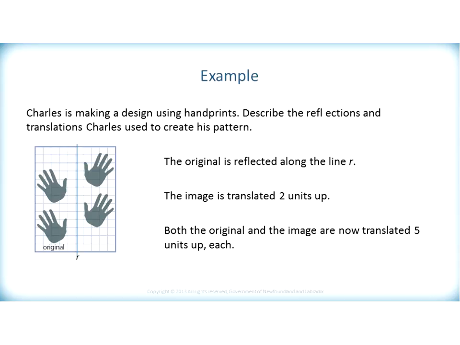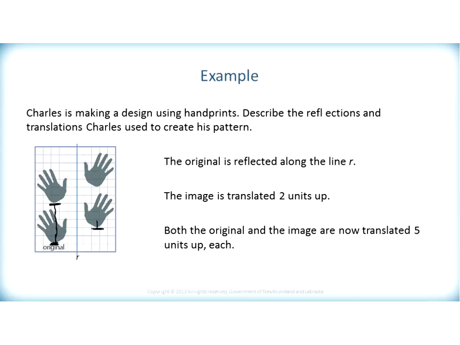Okay, also, both the original and the object now get translated 5 units up each. So if I started right here, I'm going to go up 1, 2, 3, 4, 5 units to get to this point right here. And I've already translated my right hand 2 units up.